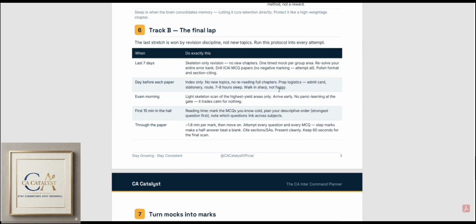Believe me, when you get a question paper, the way ICAI decides is that 80% of the answer paper you will be able to write, and the rest 20% of marks you will not be able to write unless you snatch it. So you should always believe that you should be writing 100% marks.